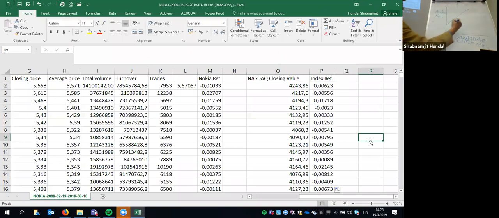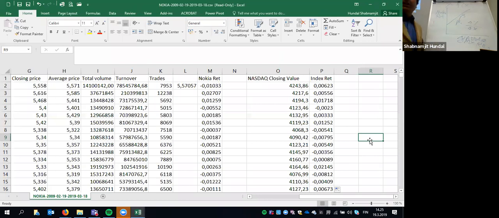this line is beta, the slope. Beta shows how much change in the return of Nokia takes place because of the change in return of the market.